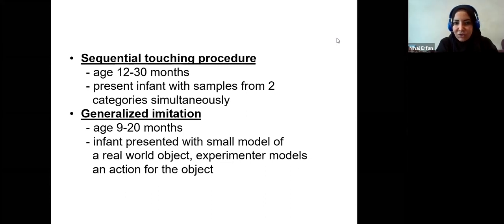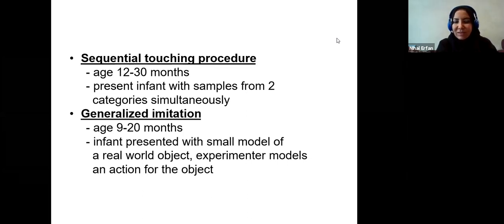With generalized imitation, you present them with a model of the real world. For example, you present them with a dog drinking out of a cup. Then you present them with different types of animals, cars, tables. And what happens is these kids saw you hold a dog and it was drinking out of a cup, then they will hold other animals and make them drink out of a cup.